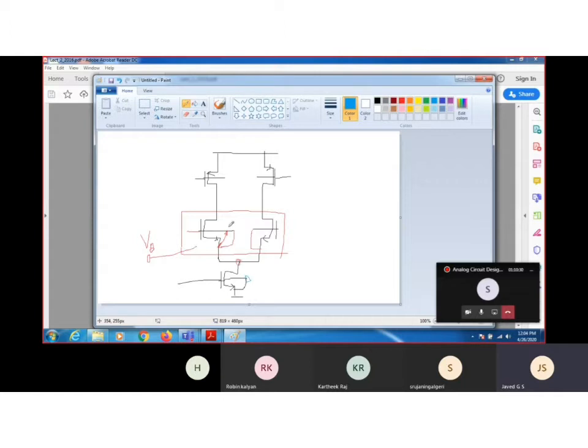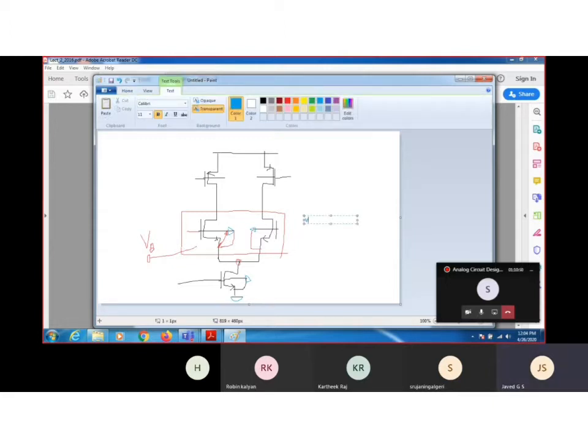So when you connect to the ground, all the substrates, all the bodies of the devices are connected to the lowest potential in the device, which is going to be your VSS or your ground. So what happens in that case? VSB becomes 0.